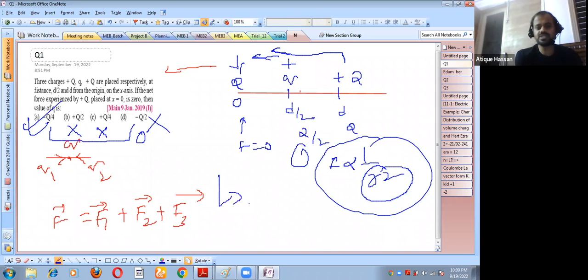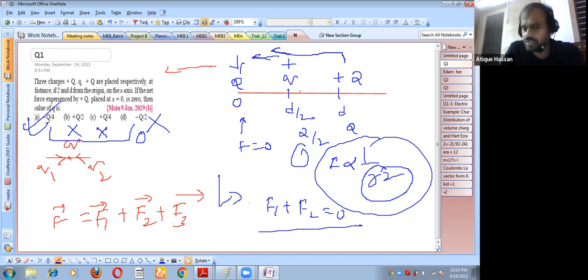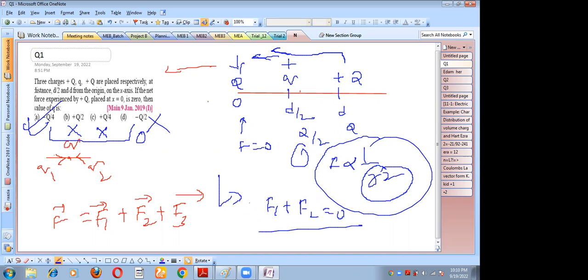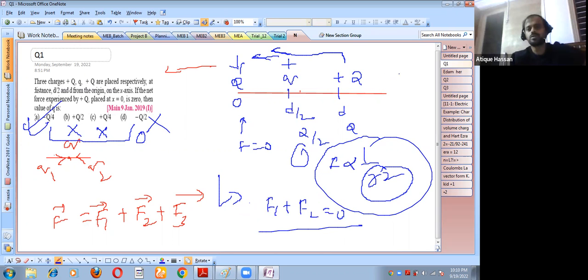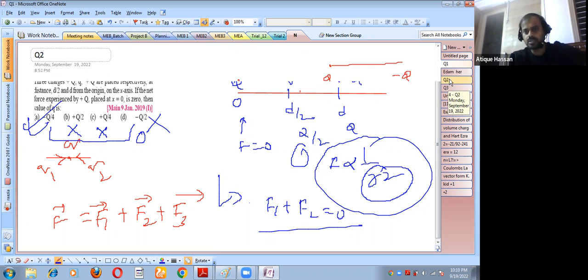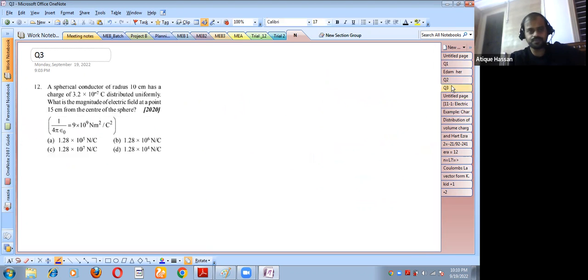The regular method is obviously what you were saying: we equate the total force to 0, equate F1 plus F2 to 0, and then get the value of the charge. So this is how we should proceed by applying Coulomb's law. All right, moving to the next question.